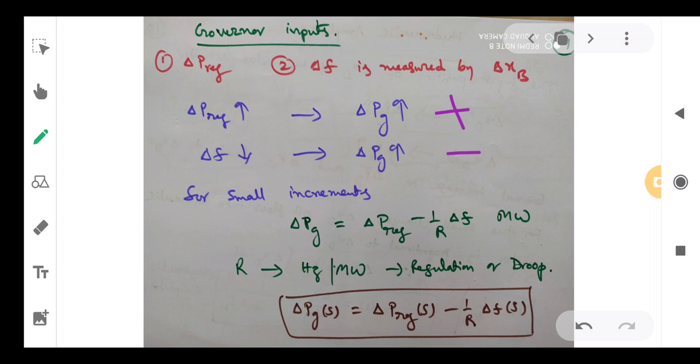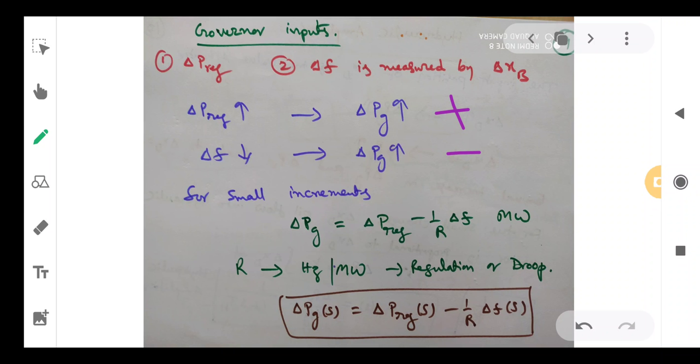When the load on the machine increases, because of the droop, the frequency falls, and vice versa. So, the final equation: delta Pg of S equals delta P reference of S minus 1 by R into delta F of S. These two are important points.